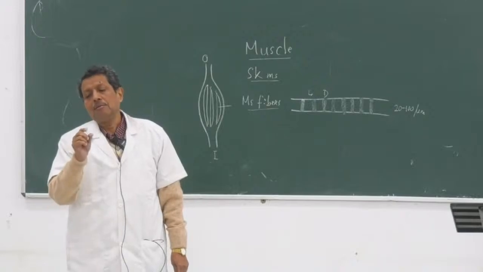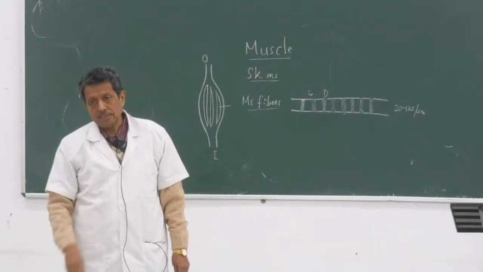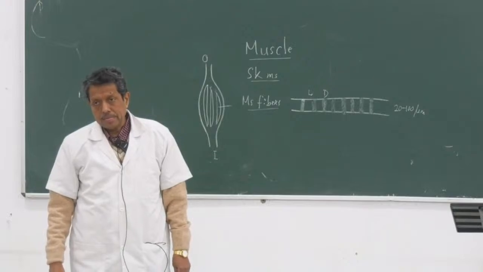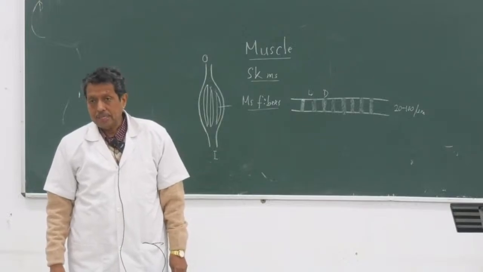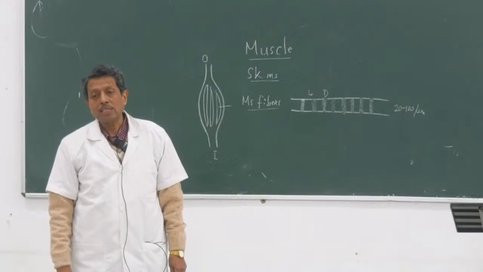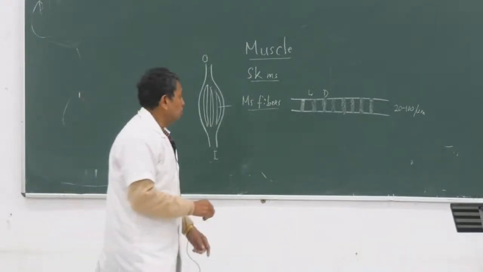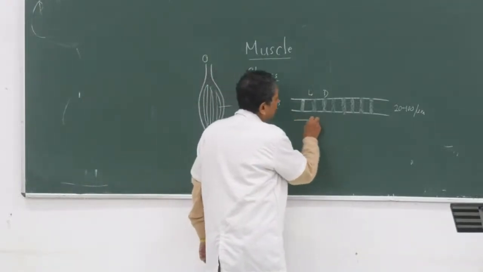It may be few millimeter in some cases, many centimeter in others. And they are parallel to each other. There are no gap junctions between them, and they can contract individually or in group.